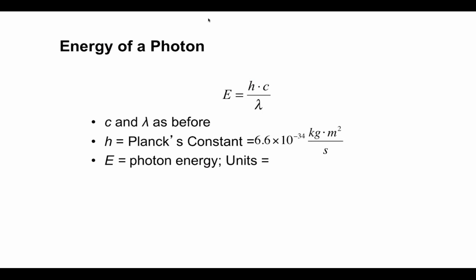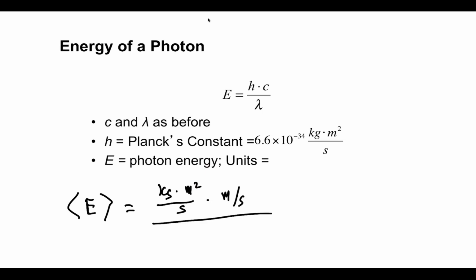have to be. So again, this is what I'm going to use: units of energy equals the units of h, which are kilograms times meter squared per second, times the unit of c, which is meters per second, divided by the units of wavelength, which is just meters.